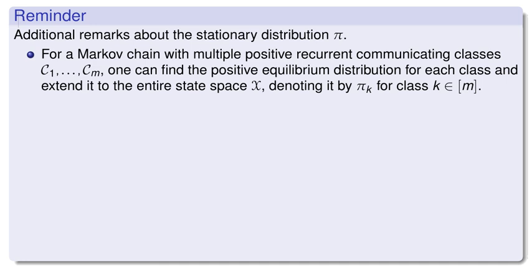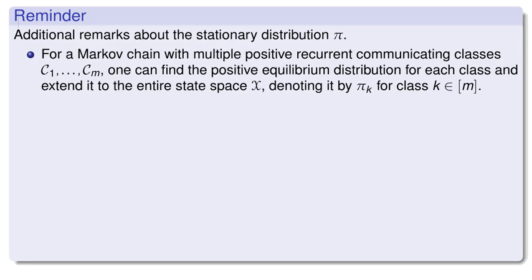For a Markov chain that has multiple positive recurrent communicating classes, say script C1 up to script CM, one can find the positive equilibrium distribution for each individual class. This distribution can then be extended to the entire state space script X by assigning 0 probability to states outside that class.